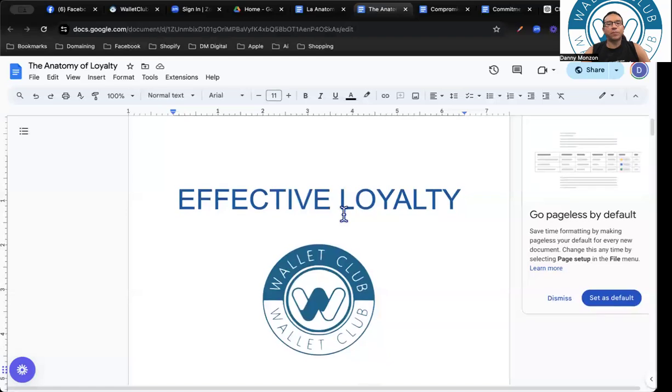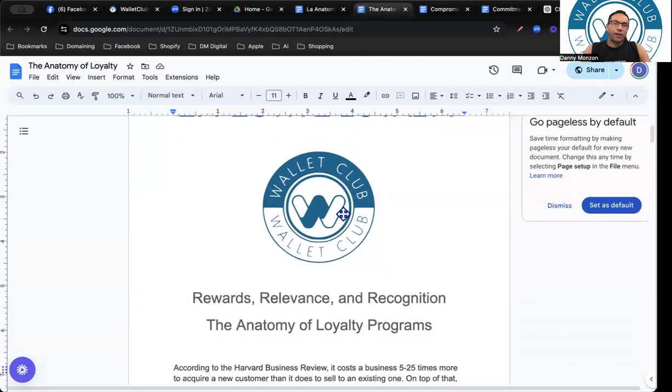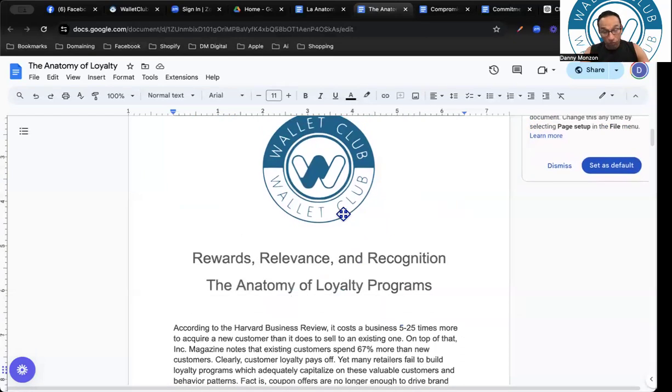And this comes from all of that. Effective loyalty: rewards, relevance, and recognition. I want you to remember those three R's. Rewards, relevance, and recognition.